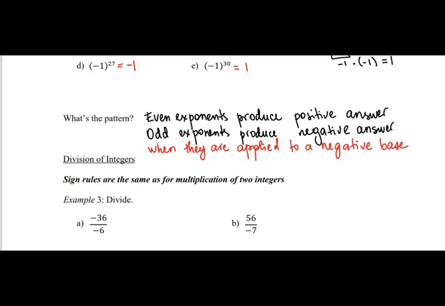All right. Okay, so that's our pattern. So if you have a negative base, meaning that main number, negative 1, was there, the even exponents produce positive answer, and the odd exponents produce negative answer.